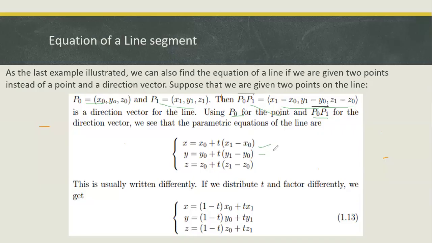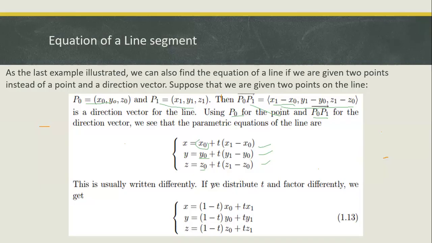Using these two pieces of information as our criteria, we have the x component, the y component, and the z component, plus our parameter t, and in brackets the differences, x1 minus x naught.